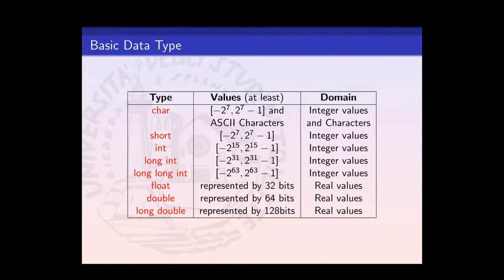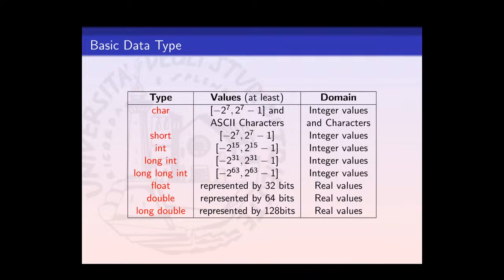Again, we have the short data type, which takes more or less the same integer values the char takes, but this is due to a specific architecture. So we know that the short data type can store at least all the values going from -2 to the power 7 to 2 to the power 7 minus 1. But this is the minimum range, so it can be the case that in a specific architecture you get a short type which is larger than this range.